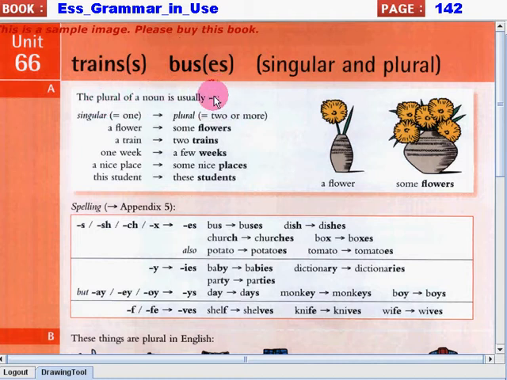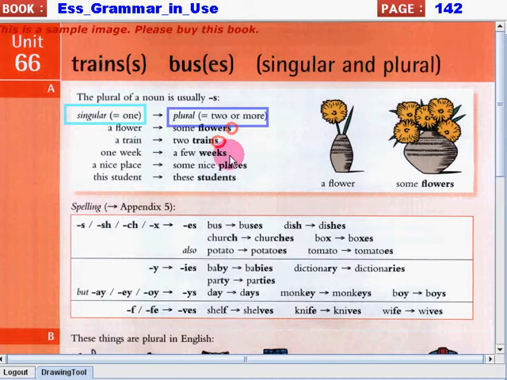We add S. For example, these words on the left are all singular, meaning only one. But the words on the right are plural, meaning two or more. Let's read some of them. A flower. That's singular. Some flowers. A flower, some flowers. We just have to add S. Next, train, two trains.